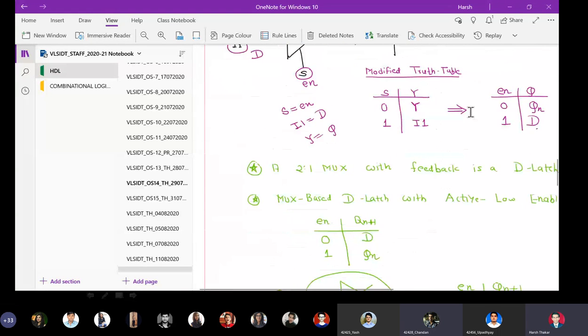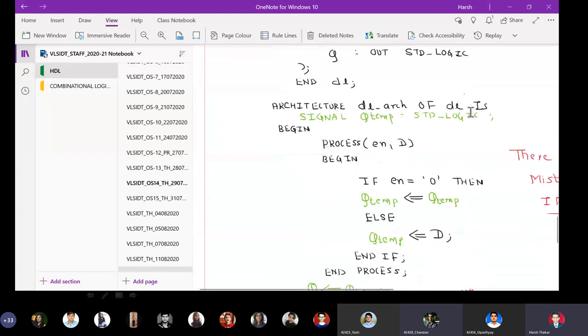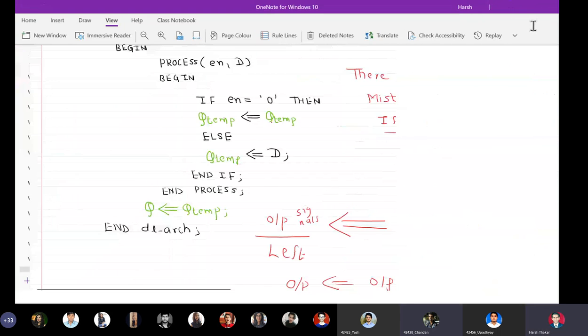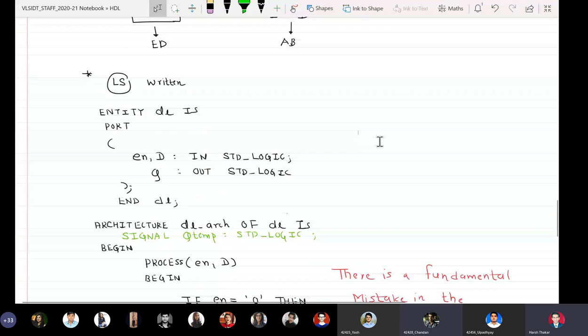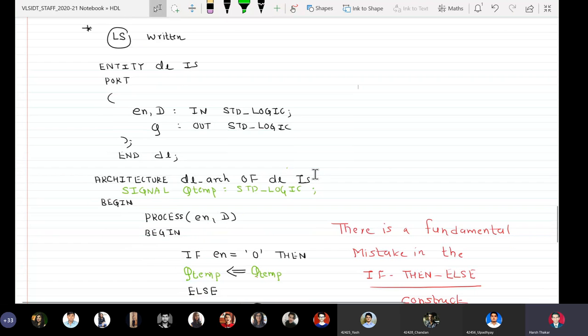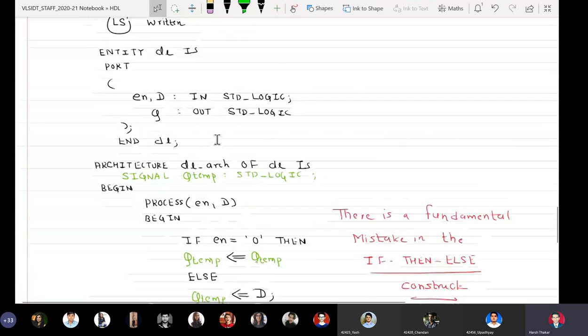Rather than using qtemp, if we set Q as inout, then will it work? I have the answer to this, but we will do it at the time of VHDL modeling. So Chandan, you remind me that on Friday we have to write a VHDL model for a plain D latch.